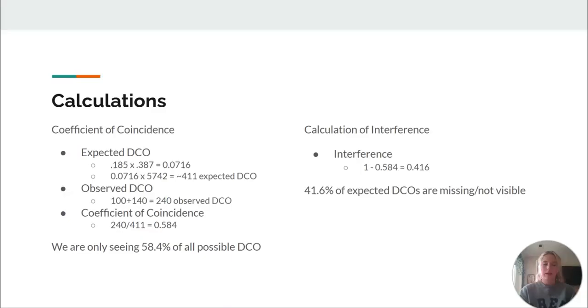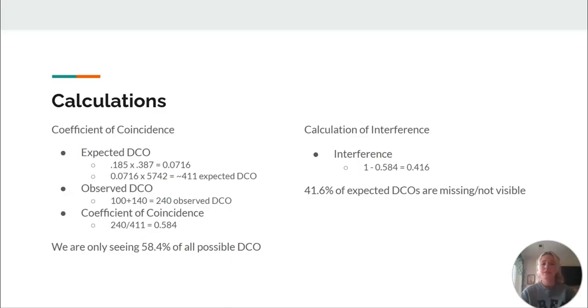So looking at the expected double crossovers, we get the percentages of each crossover to get 0.0716. We can multiply that by the total offspring and know that we are supposed to get around 411 expected double crossover offspring, but the observed ones we have are only 240. That gives us a coefficient of coincidence of 58.4.